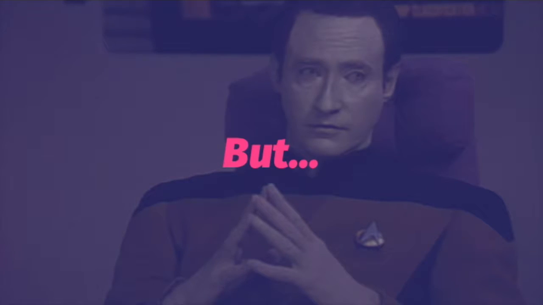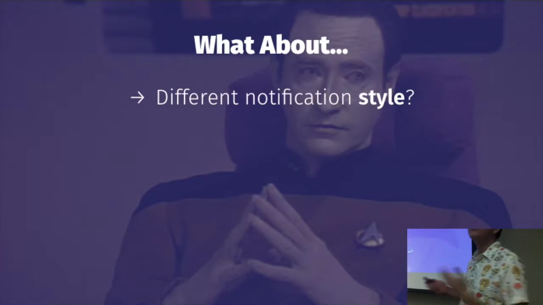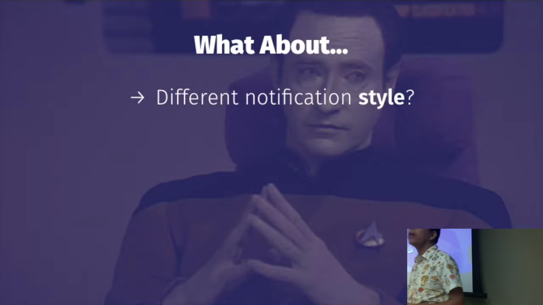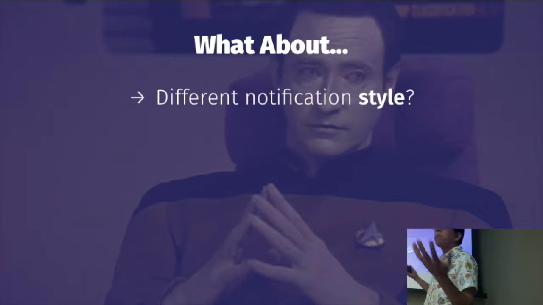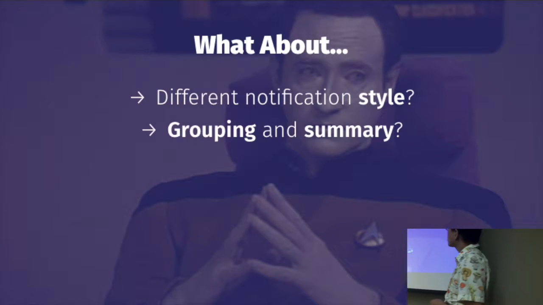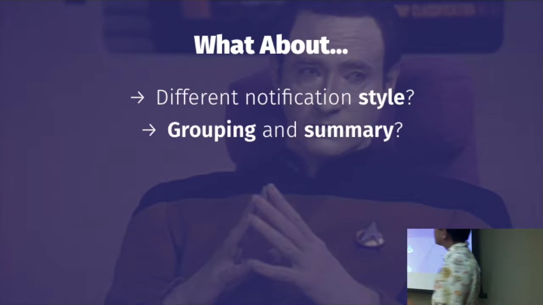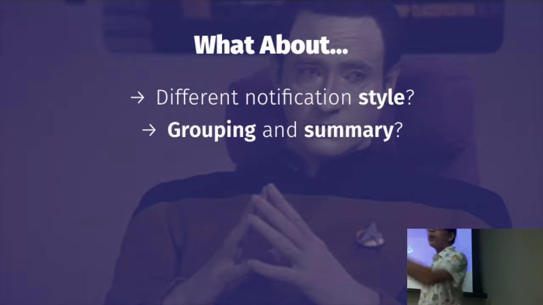However, what if you want something different about the way that notification is displayed? Because you didn't have to do any code to create it, we should think about, is there a way that I can customize the styling of that notification? What if you need to control not only the visual appearance, but when you send multiple notifications, by default you're just going to get a new notification for each one you send in your tray.